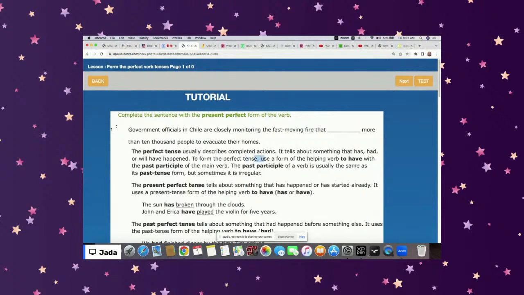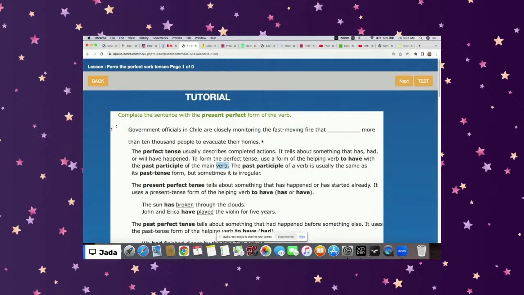To form the perfect tense, use a form of the helping verb to have with the past participle of the main verb. The past participle of a verb is usually the same as its past tense form, but sometimes it is irregular.